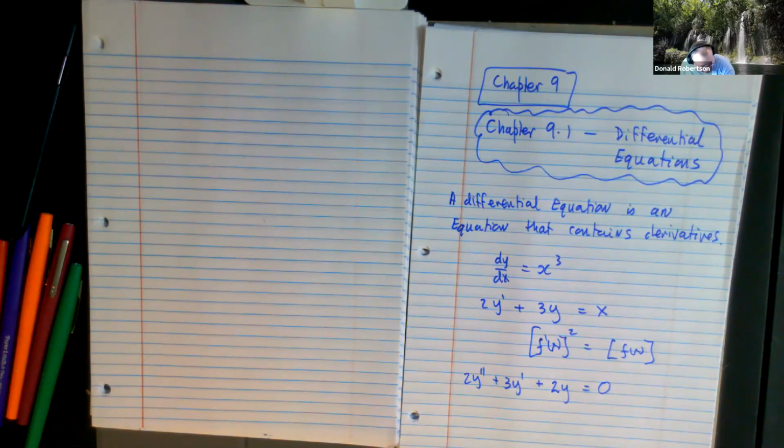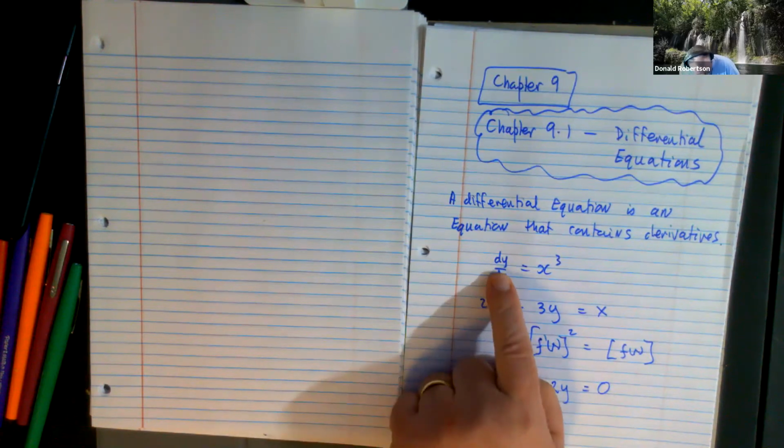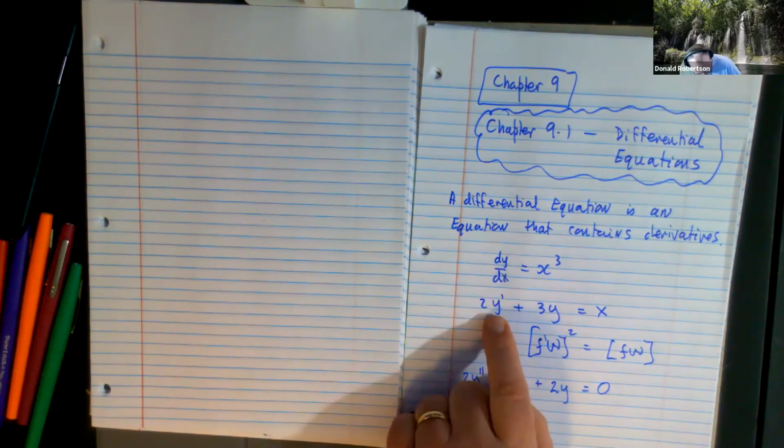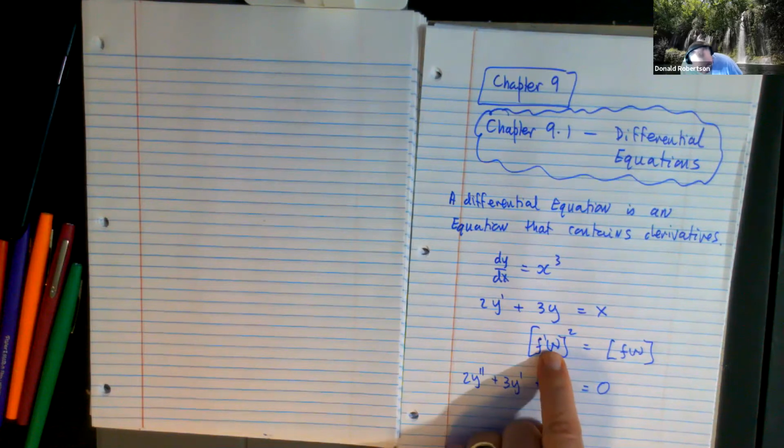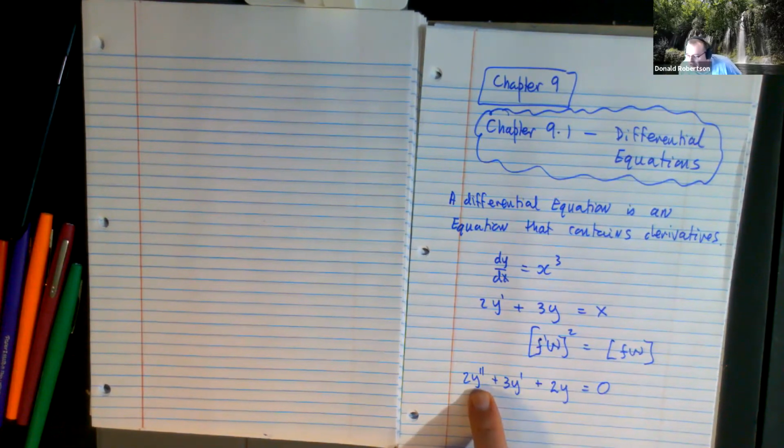So I'm going to introduce you to some nomenclature, right? How we name differential equations. The first major part of a differential equation is the highest derivative that's in it. In this case, it's a first derivative, right? Another first derivative, another first derivative. But in this case, isn't it a second derivative? Y double dash is just a second derivative.